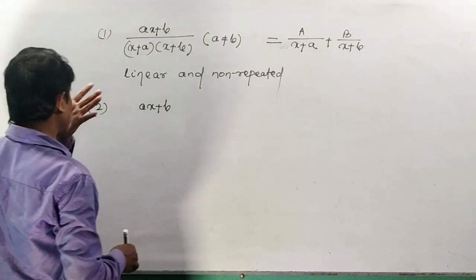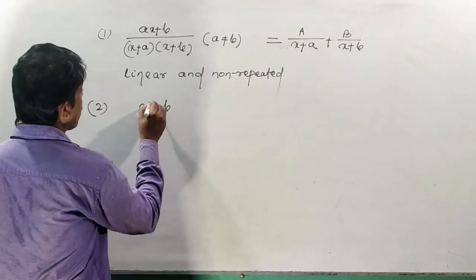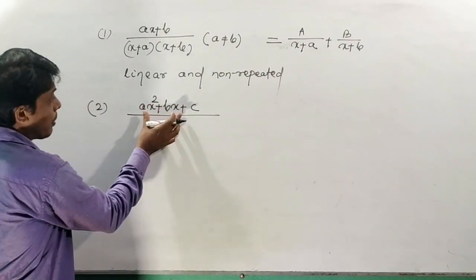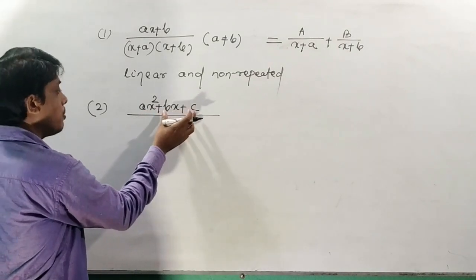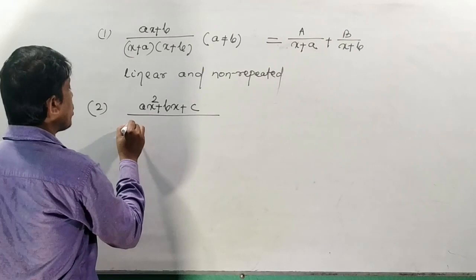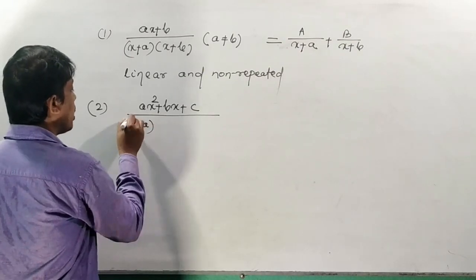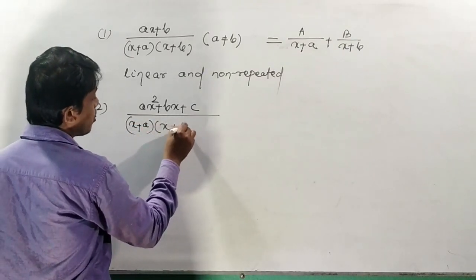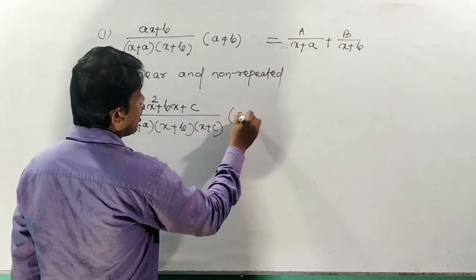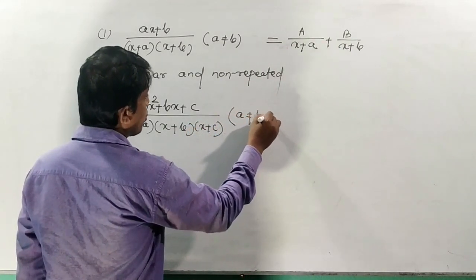The second case is ax plus b or ax square plus bx plus c, maybe two terms, only bx plus c, or only a constant, but the denominator is x plus a into x plus b into x plus c, such that a is not equal to b, not equal to c.